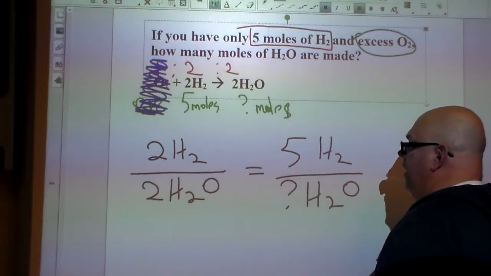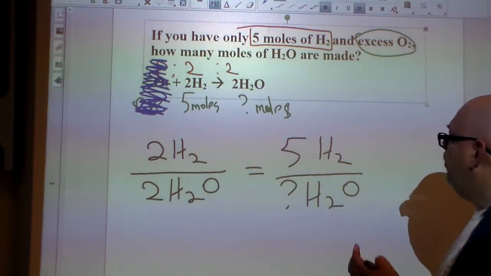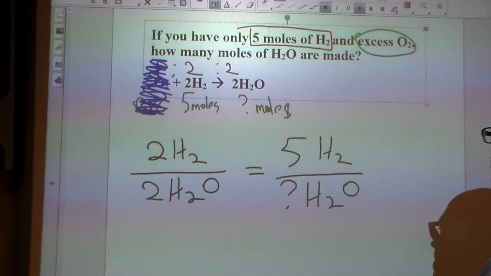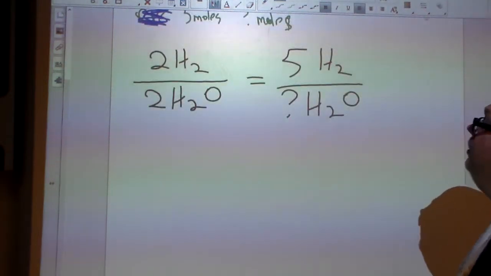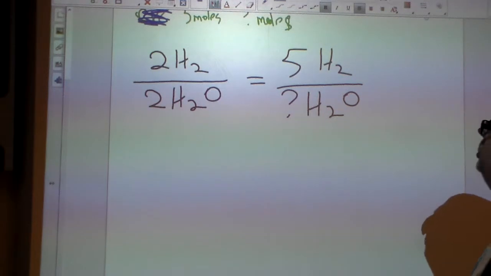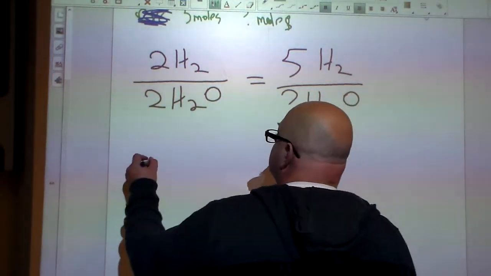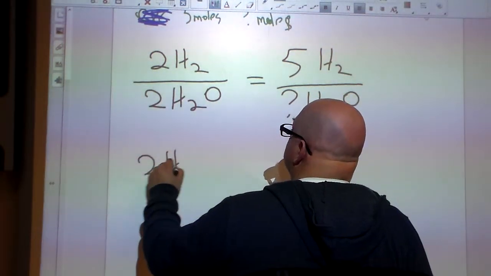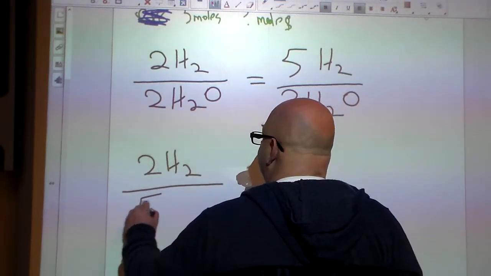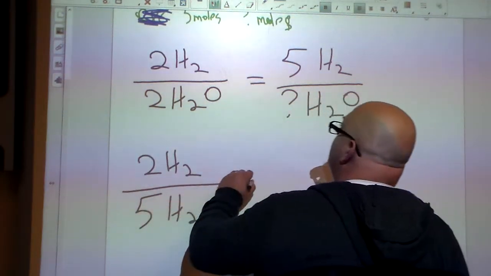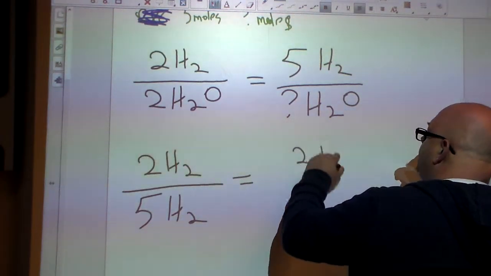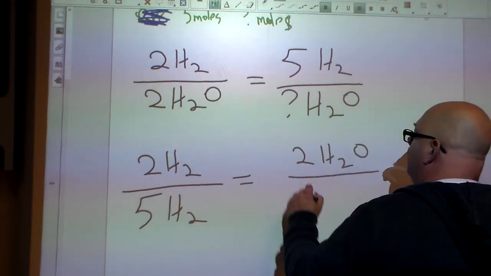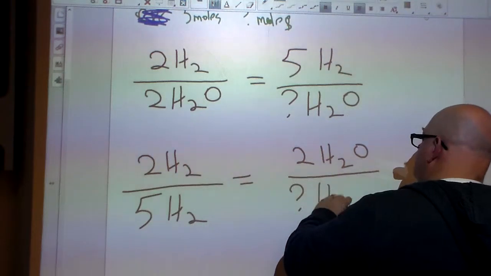Now, is there another way to set this problem up? There is, because you will get the same thing. You can do 2H2 over 5H2 is equal to 2H2O over however many H2O.